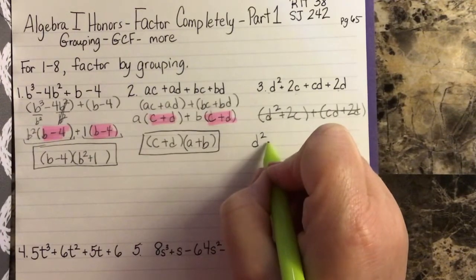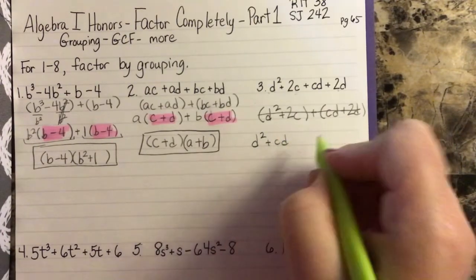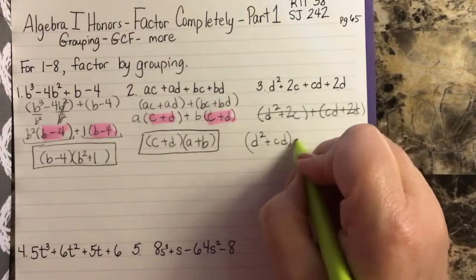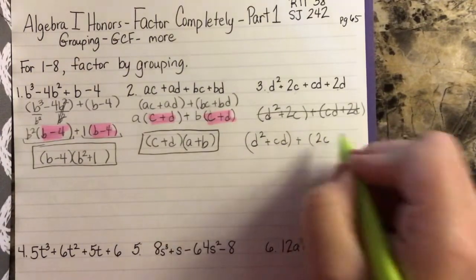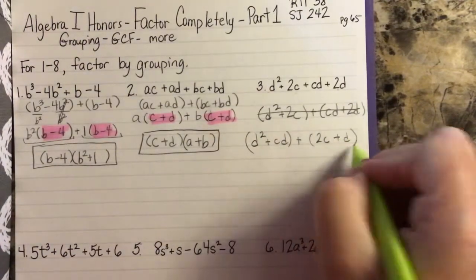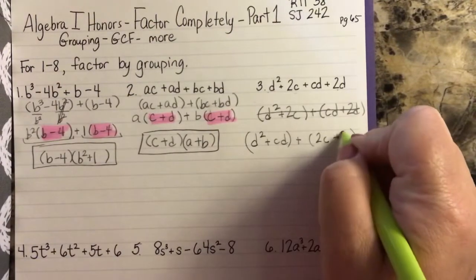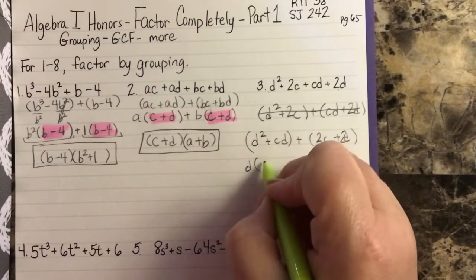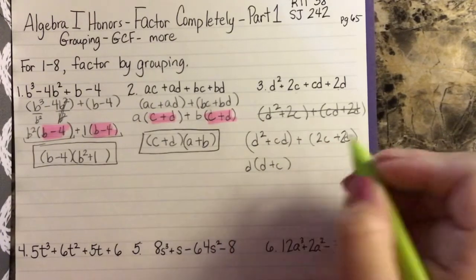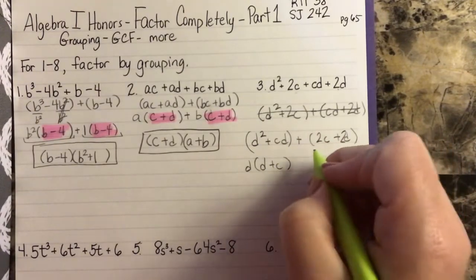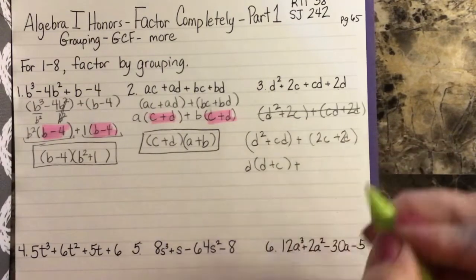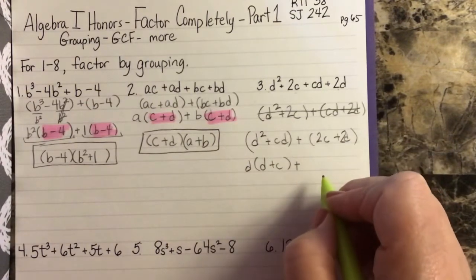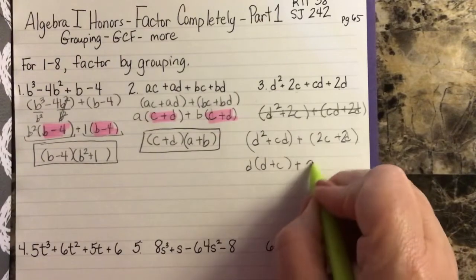D squared plus CD, group those together, plus 2C plus 2D. This group has D in common. I don't think that's going to work either. This group has 2 in common. Oh, yeah, it'll be okay, I think. This group has 2 in common.